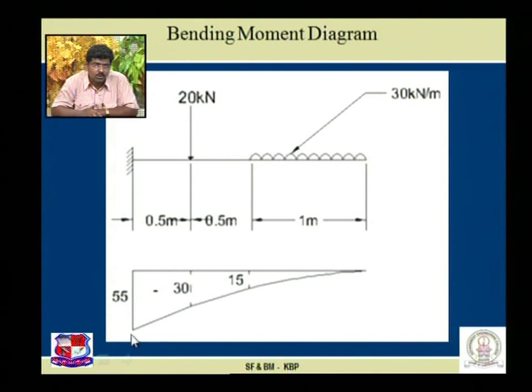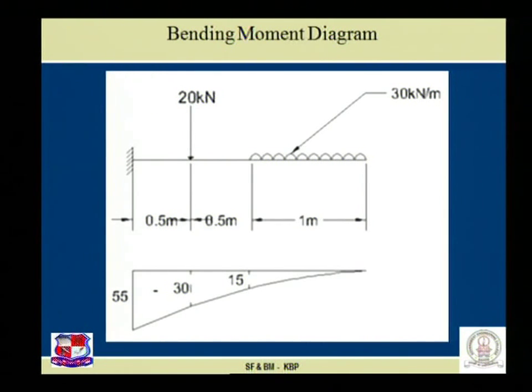It is a variation of an inclined straight line, and the nature is of minus sign, as a hogging moment is generated in this cantilever beam. So likewise we can plot the shear force and bending moment diagram using the concept as well as by taking sections. Remaining problems like beam with UVL as well as beam with concentrated moment we will discuss in the next section. Thank you.